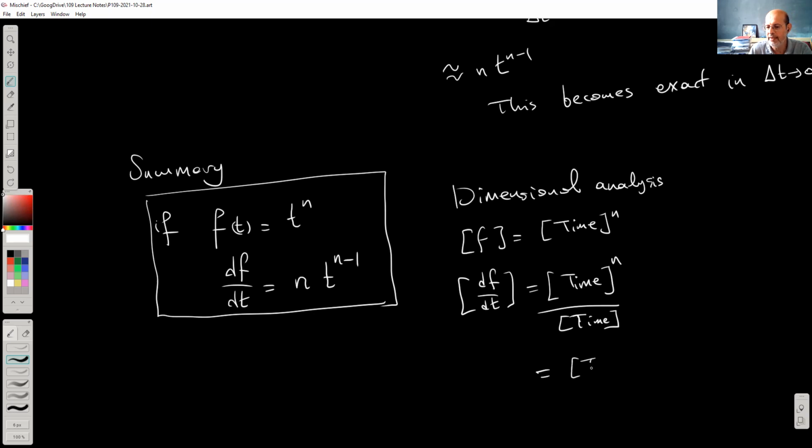So as a result, the resulting thing should have the dimension of one less power. And this is indeed what we see, right? So at least this part of the derivative formula, I could have deduced by using dimensional analysis alone. But I couldn't find what the coefficient was. In any case, this is the one rule that we are going to use for computing certain derivatives. Okay.